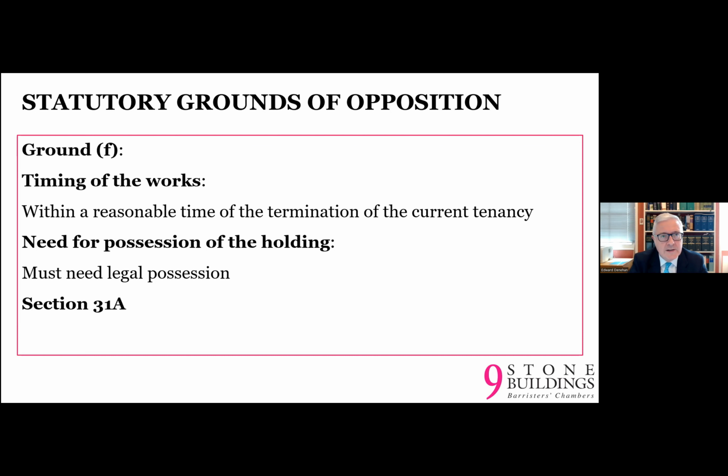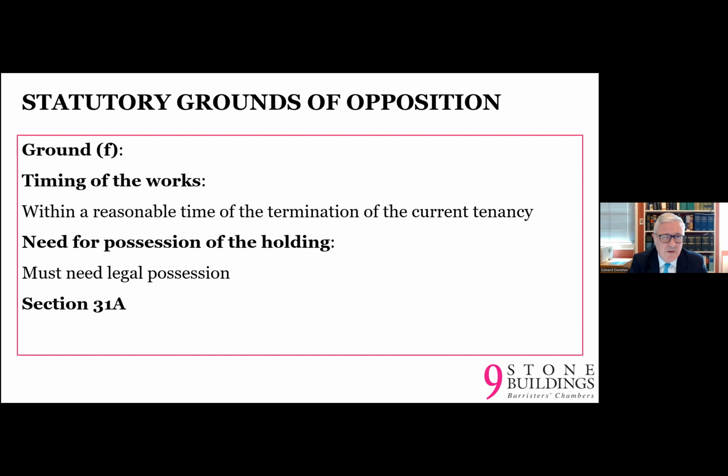Section 31A is a qualification to ground F. What that says is that ground F will not be made out if the tenant under the new tenancy will agree the landlord can come in and do the works without its occupation being substantially interfered with. Again, it's slightly surreal because no tenant wants that, no landlord wants it either. The landlord can't get VP, he's not going to do the work, so it's game over.